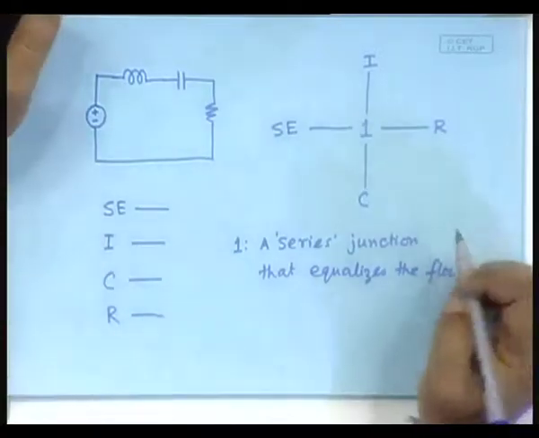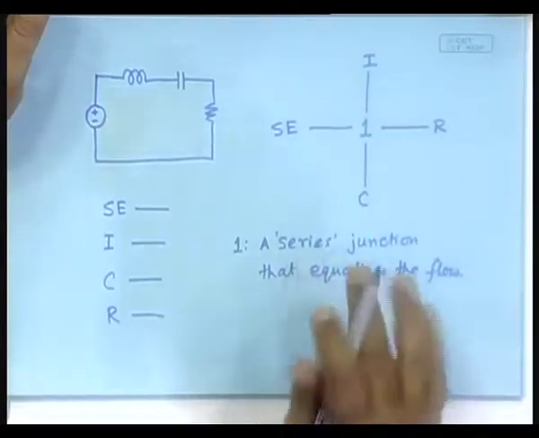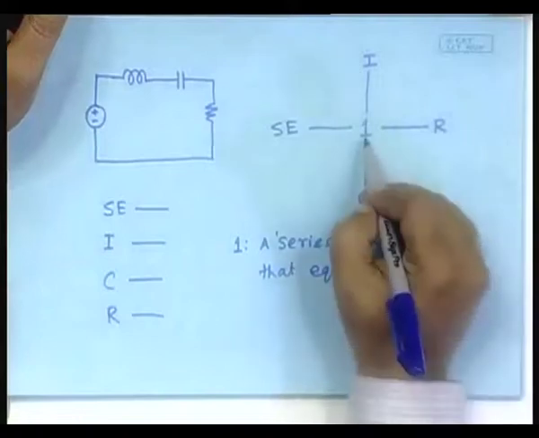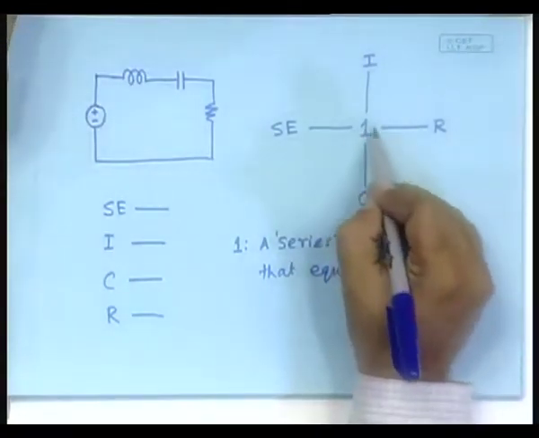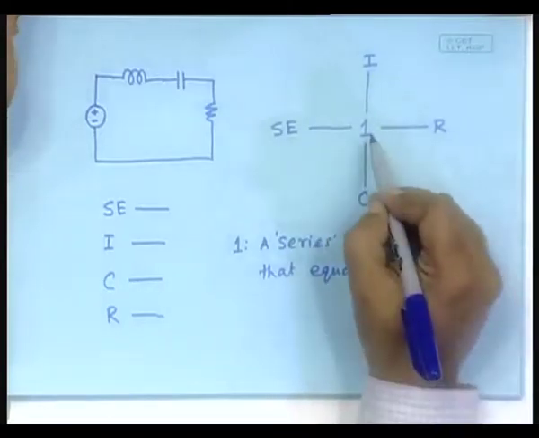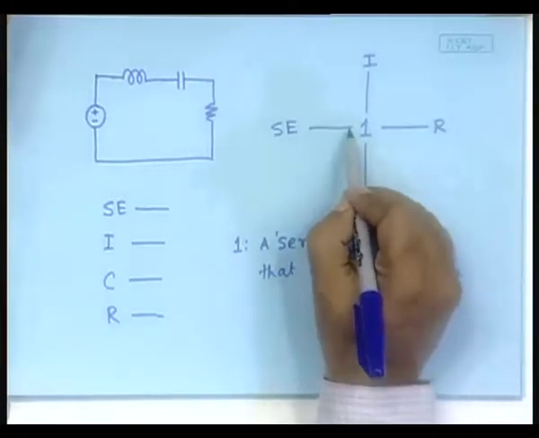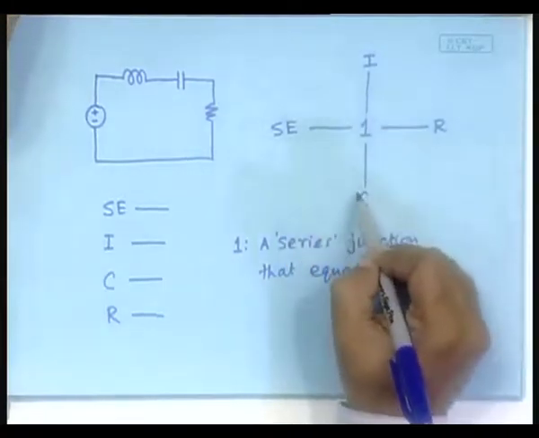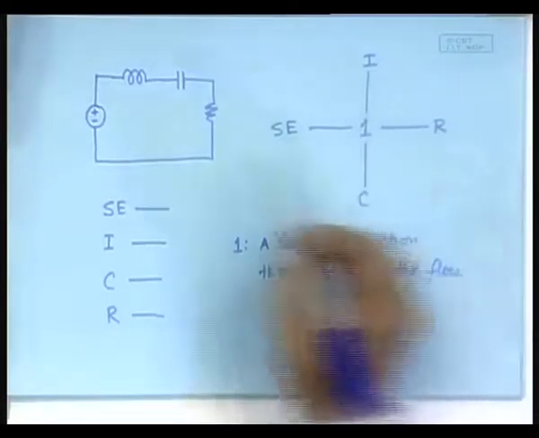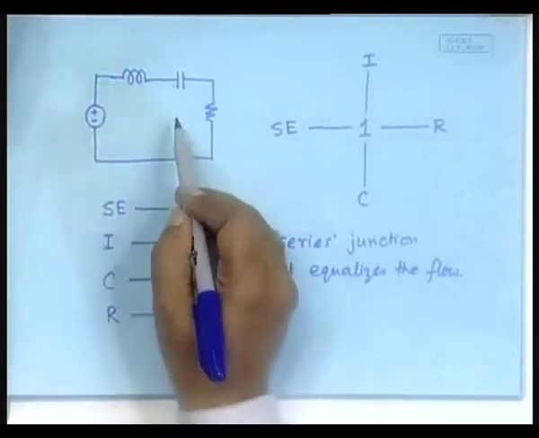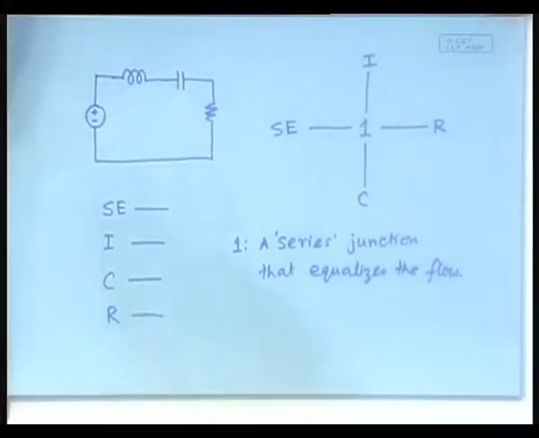In some material you will also find S, which means a series junction, but the international convention is to write it as 1, 1 and 0. So, this 1 is the international convention for this type of junction, with the property that all the bonds will carry the same flow information. Effort will be different. The efforts will be decided by all these elements, but the flow will be the same. Clear?